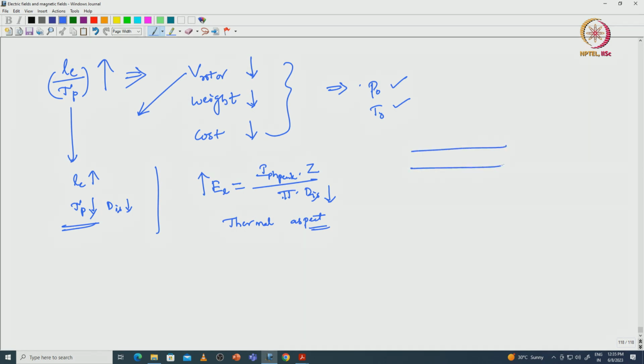Let us consider submersible pumps, where the length is very high and the diameter is very small. In this kind of machine, the cooling mechanism is a complex task.